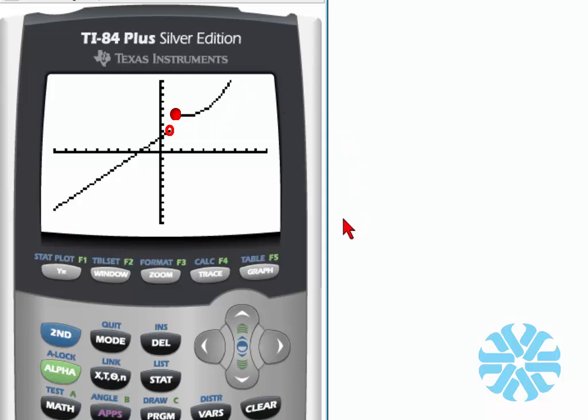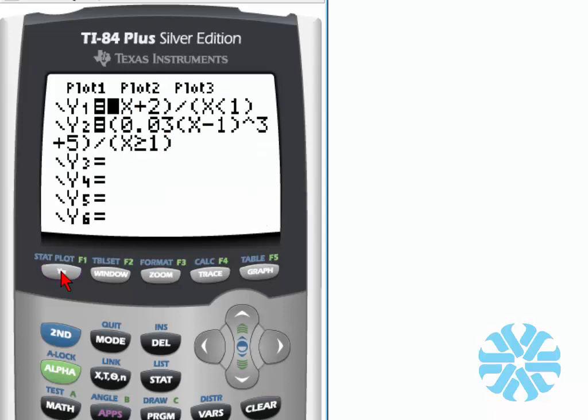Now let's say that we get rid of the restrictions on each particular function. In other words, we're going to graph each function over its entire domain. So let's do that. I'm going to select y equals, and now I'm just going to input the functions without any restrictions. So let's start that at y4.